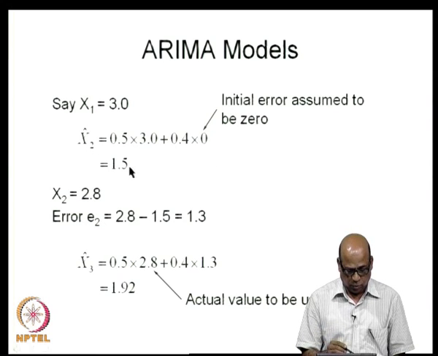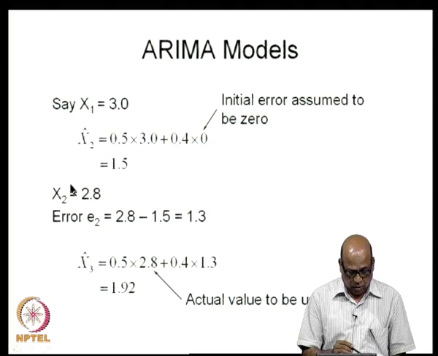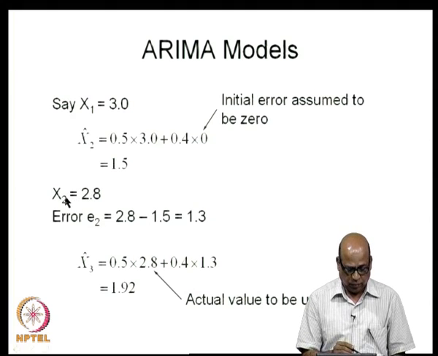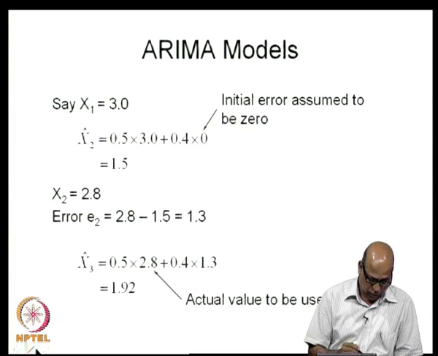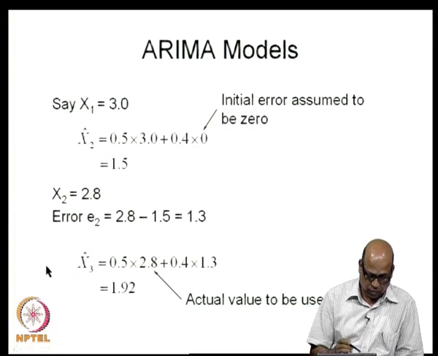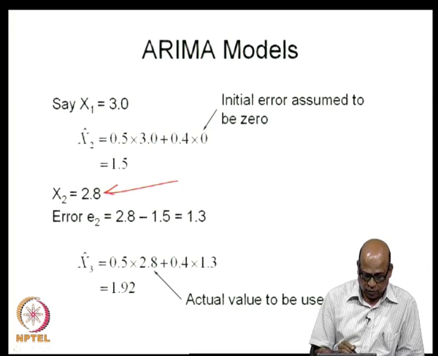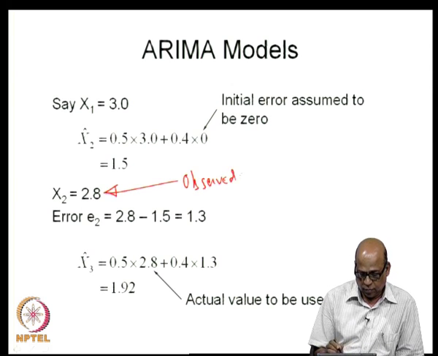So, that will be equal to 1.5. Now, look at what we do for the second value. X 2 is 2.8, this is the observed value, this is not the forecasted value, this is the data, and this is the forecasted value.